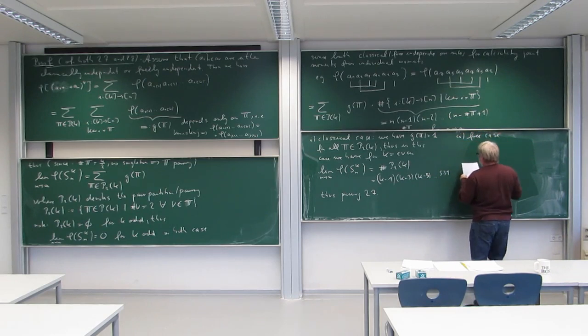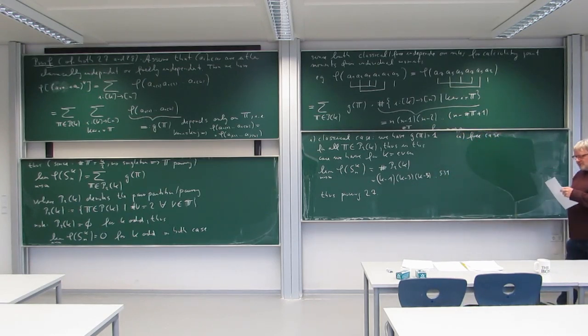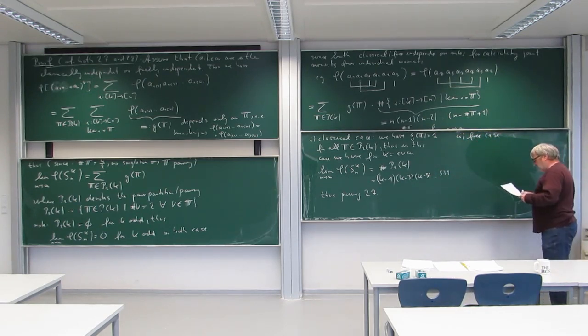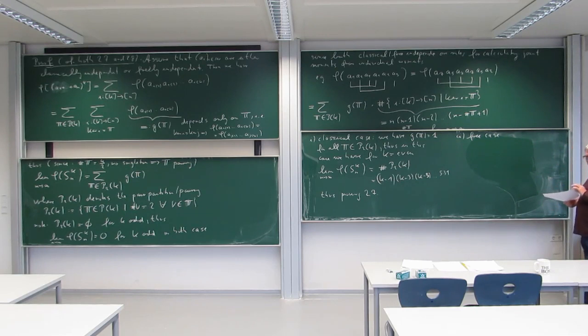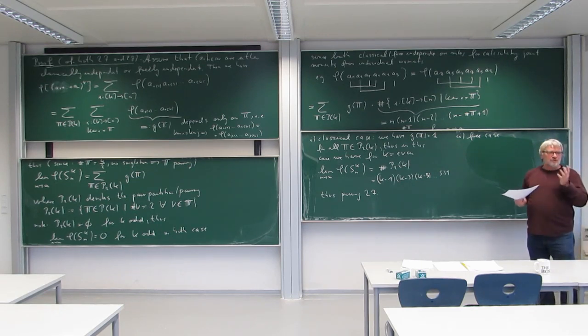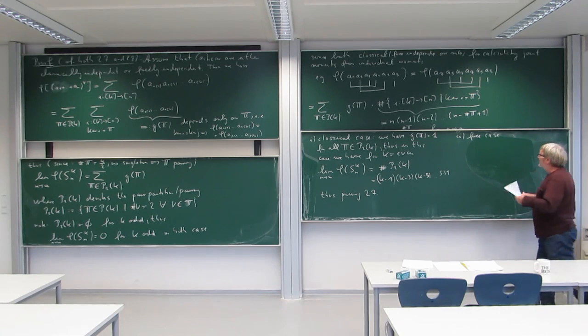In the free case, so I'm assuming that my variables are free, it turns out that again there are simple values of g of pi, and actually there are only 2 possibilities. G of pi is either 0 or 1, and when is it 1? It is 1 in the non-crossing case, and it's 0 otherwise.